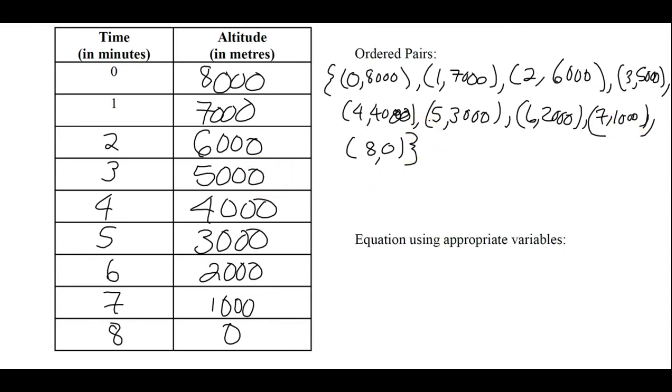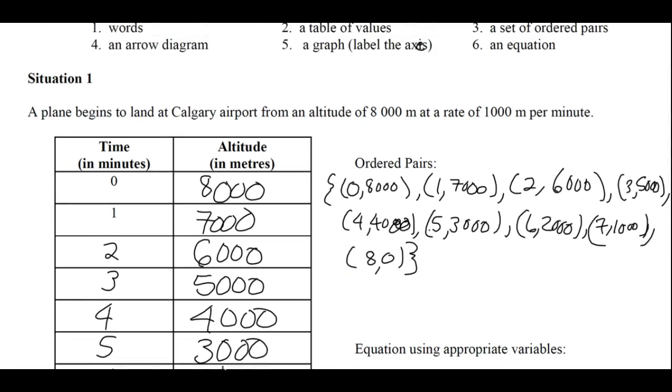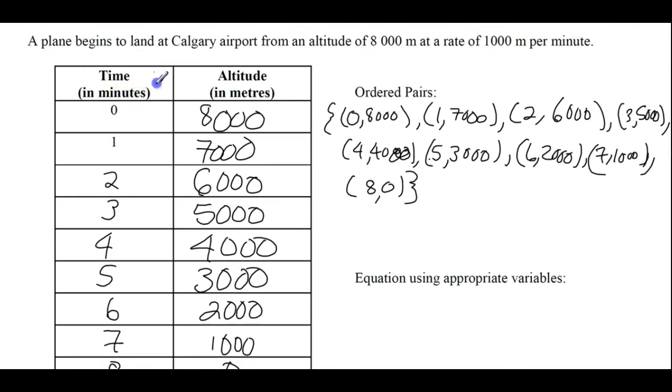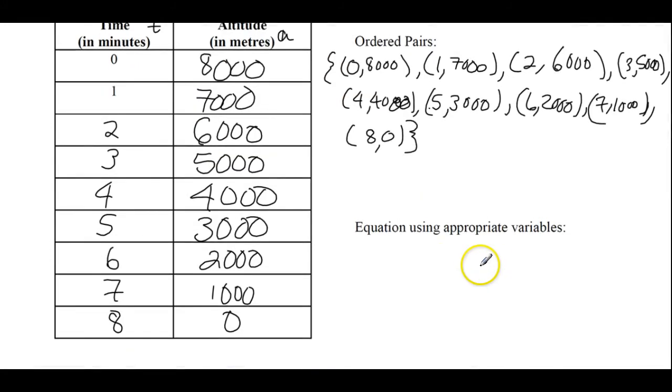Equation using appropriate variables. So, what would an appropriate variable be? This could be t for time and a for altitude. So the equation: a is equal to, so what's happening?